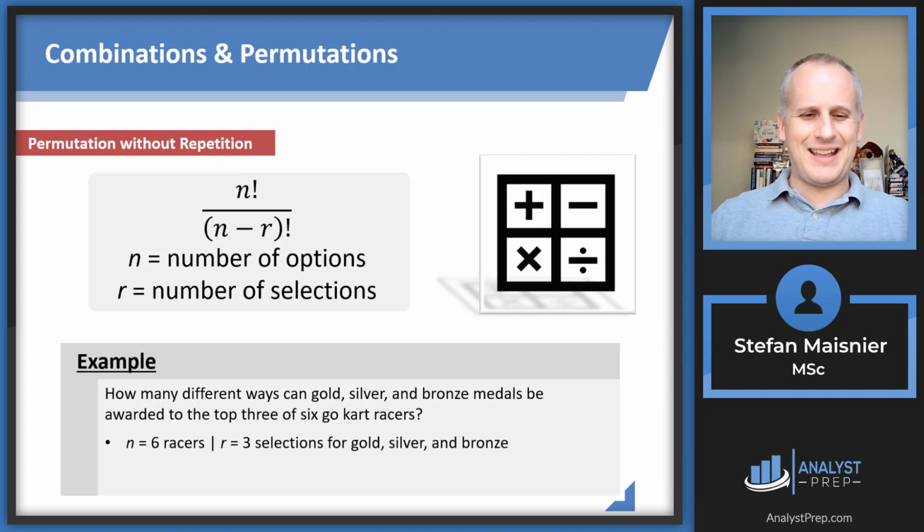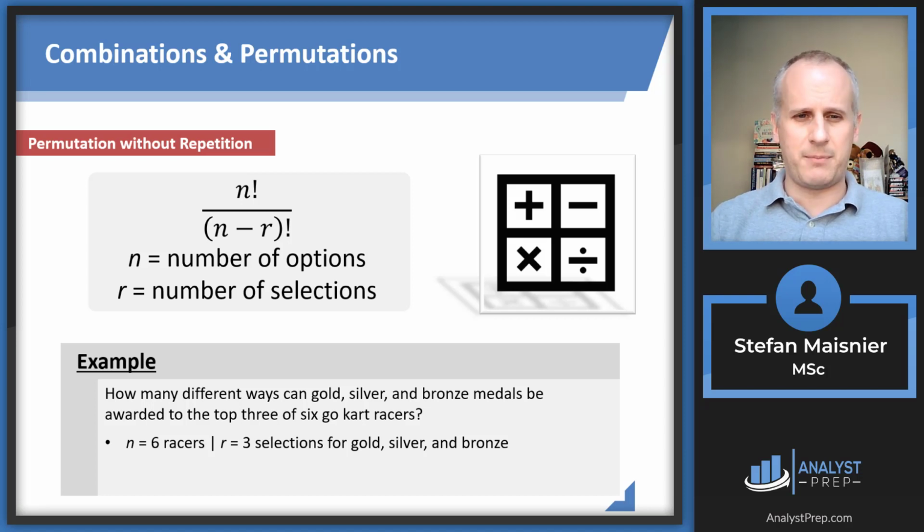So we've got our 6 racers we could select from, the number of options are n, and we've got 3 selections for gold, silver, and bronze. But we have to think about this as placement matters, because if you try to give Jimmy the bronze when Jimmy came in first, Jimmy's going to be upset. So this is a permutation, not a combination.